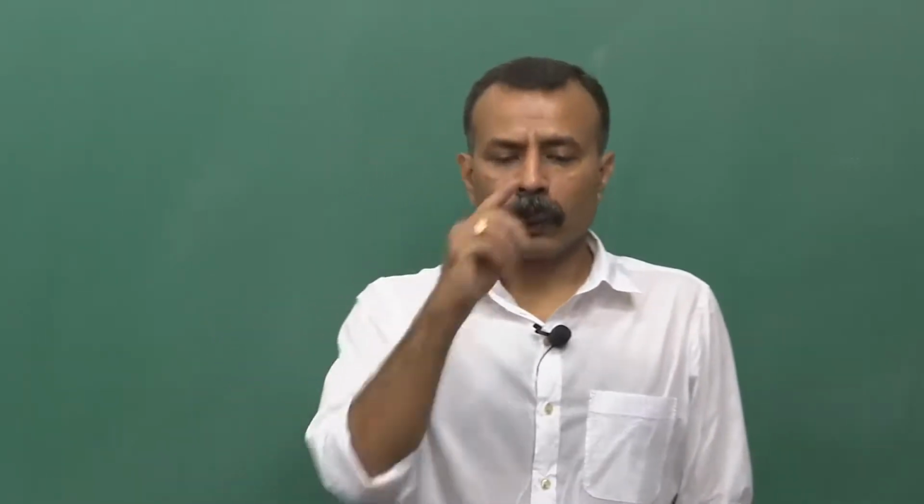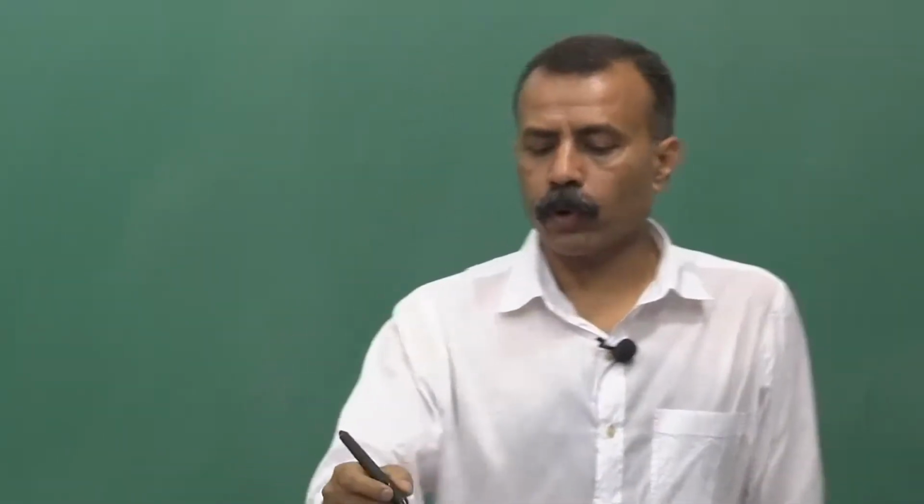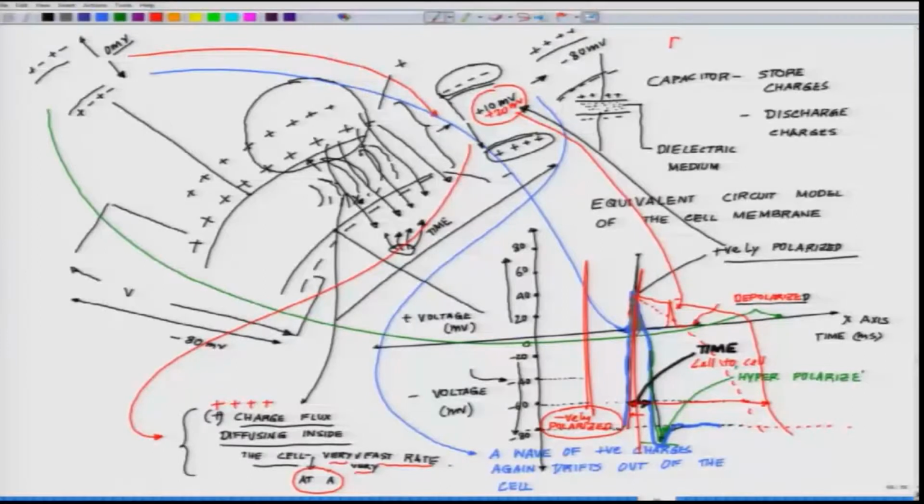What does it tell? It tells the story of the rate of charge and discharge. This word I am using, the rate of charge and discharge, is from the point of view of the capacitor.